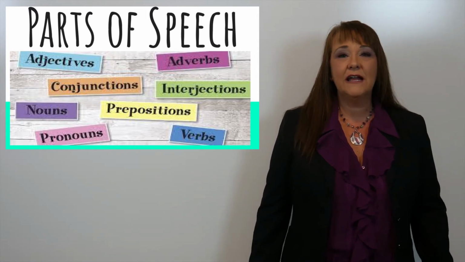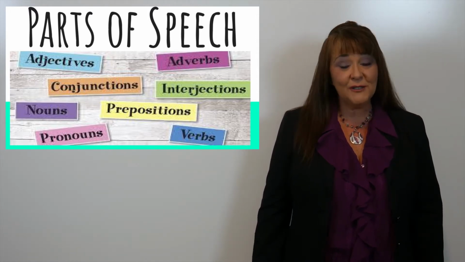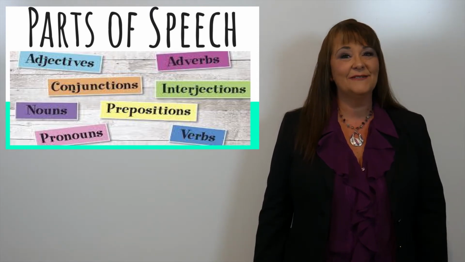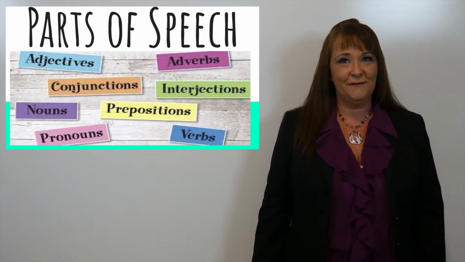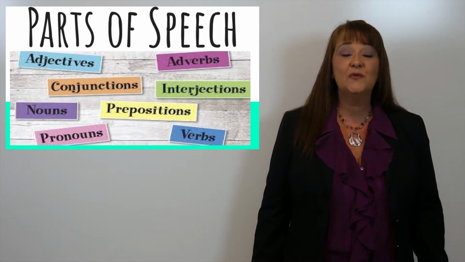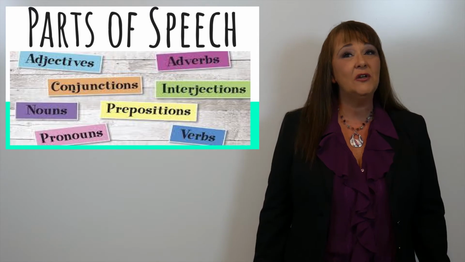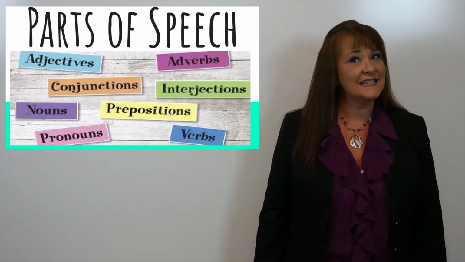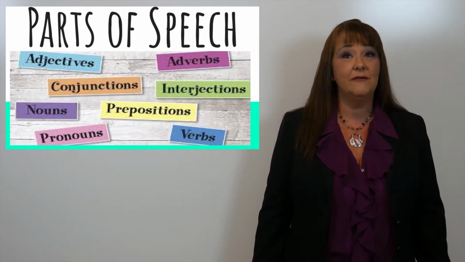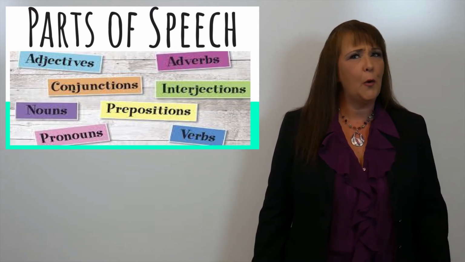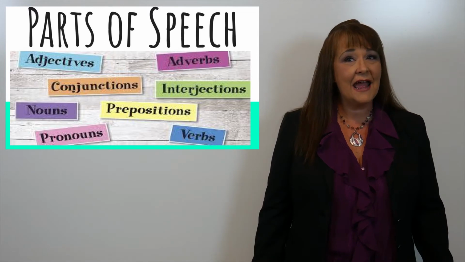So let's look at the 8 parts of speech. Most linguists say that there are 8. Each part of speech explains not just what the word is, but how the word is used. In fact, some words can be used as a noun in one sentence and a verb or an adjective in the next.